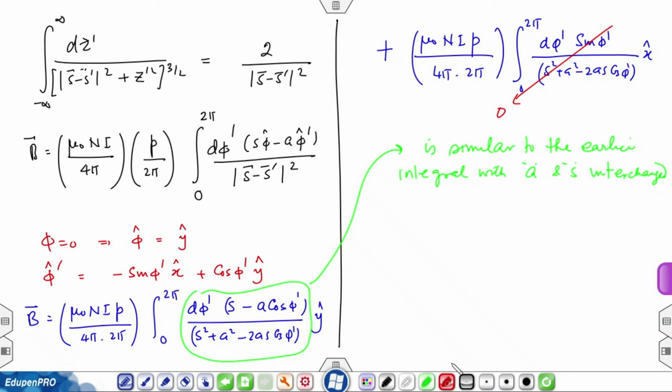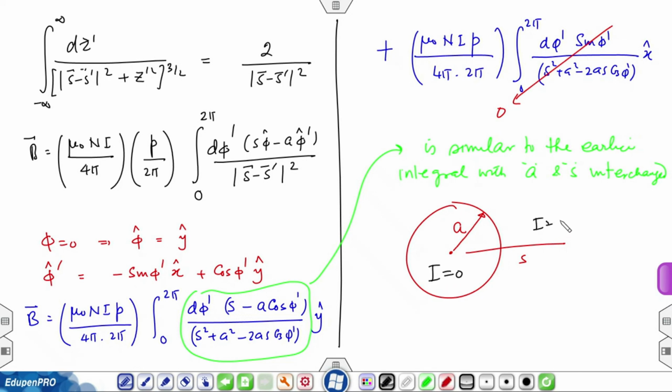That means what it is showing is the electric field by a cylindrical shell carrying uniform charge, of radius a, at a distance s. And therefore, the integral, if I write it, will be 0 inside and will be 2 pi over s outside. And therefore, this field is in the y direction, which is nothing but the phi direction if I take the angle to be phi, and you can calculate the rest.